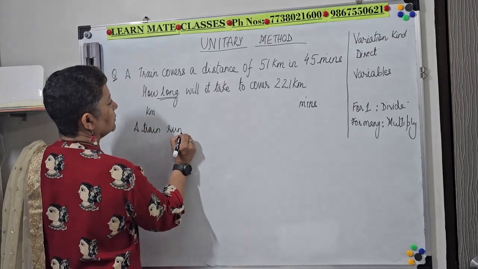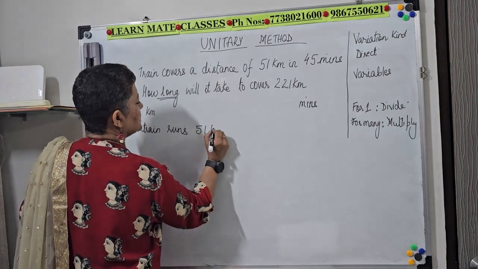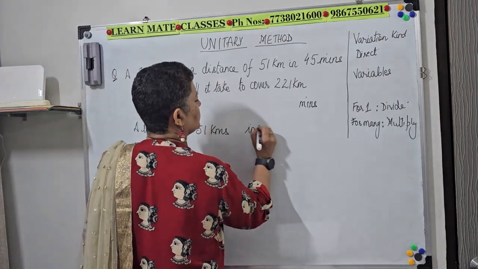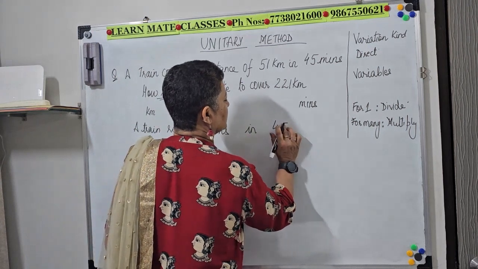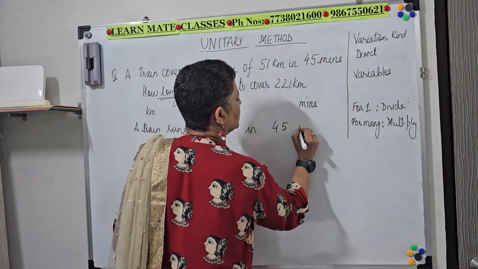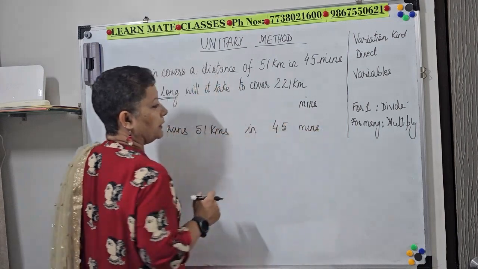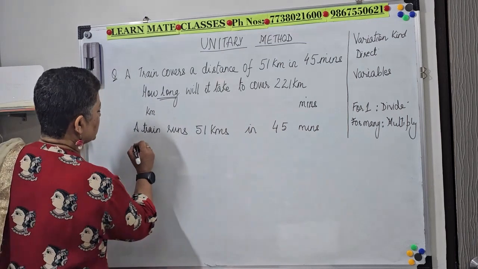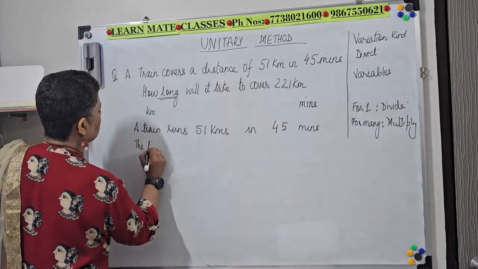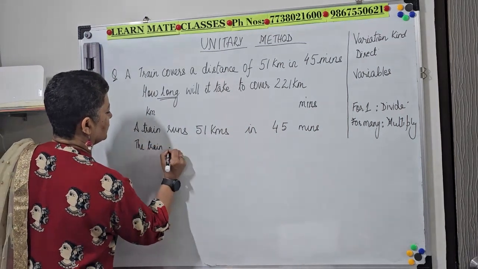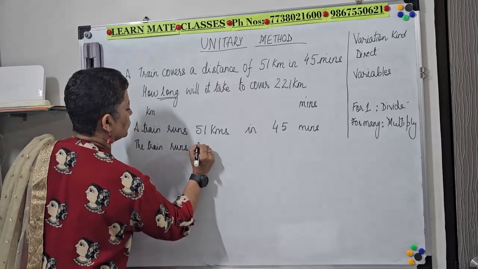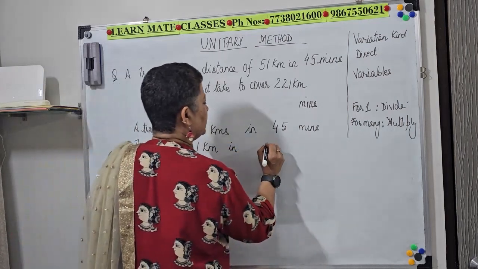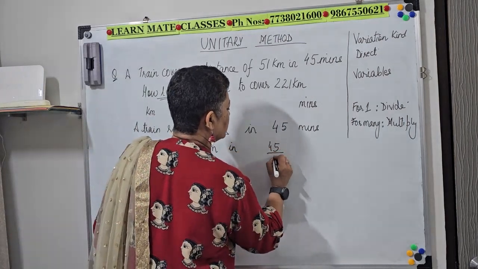Now I need to find out, in the next step, for 1 kilometer. So the train runs 1 kilometer in 45 upon 51 minutes.